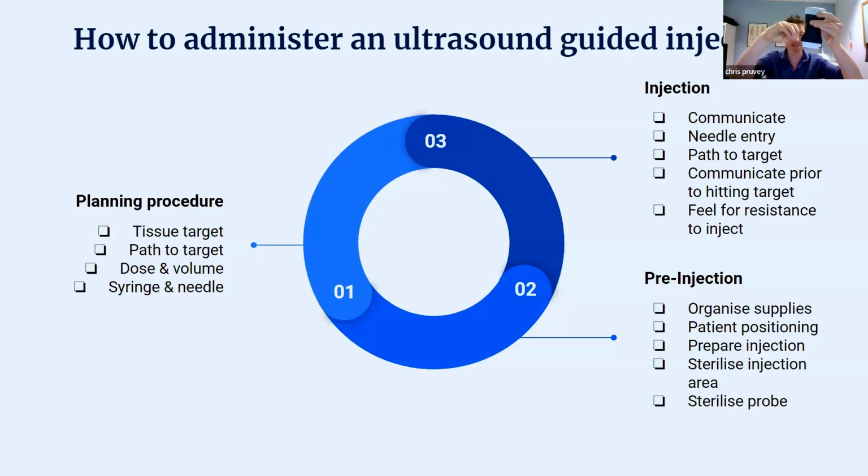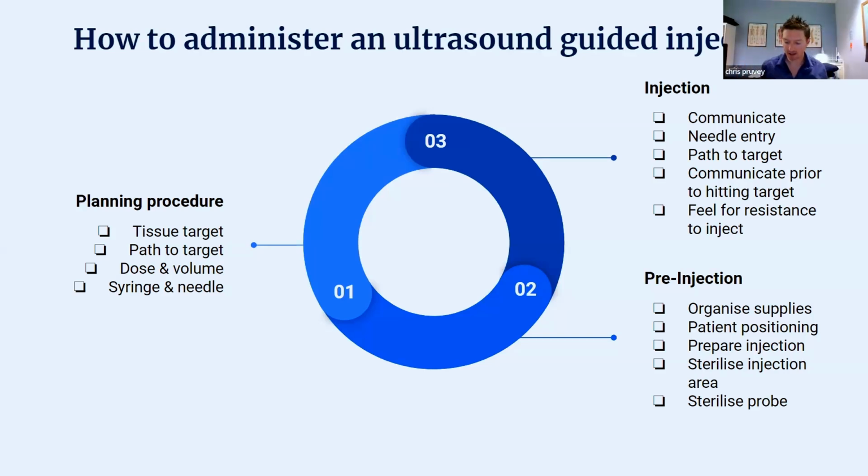So what I want to do is get the angle of entry right, and then it's very, very easy for me. If I'm off at an angle, so if my probe is there, but my needle crosses it, I'm not going to see the needle tip either. So you've got to be careful to see the needle tip, and you've got to be careful not to come in at too steep or too shallow an angle.